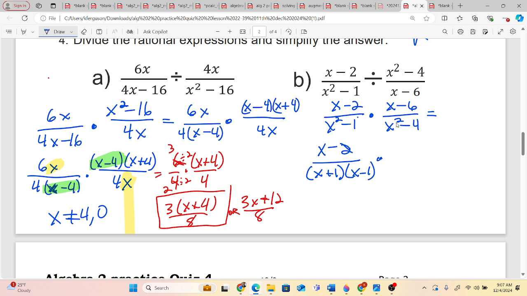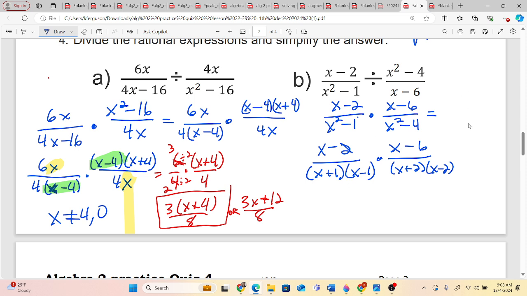Times, now over here, I've got another perfect square. So I'm going to have x minus 6 on the top, and I'm going to have x plus 2 times x minus 2. Where did I get those numbers from? I took the square root of x squared, which is x, and then I took the square root of 4, which is 2, and plus and minus.